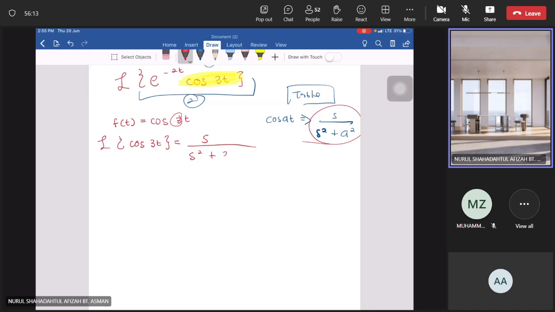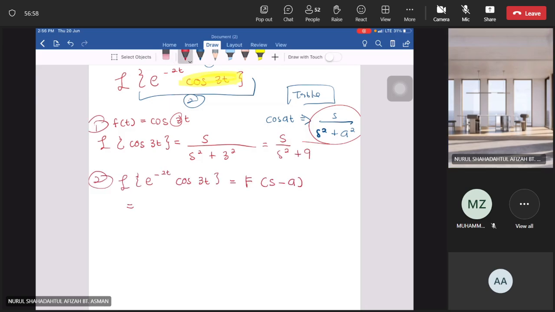And then second, you combine all this. Laplace of e^(negative 2t) cos 3t equals f(s minus a), which goes to f(s plus 2).